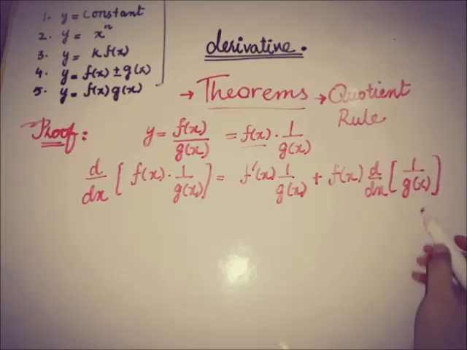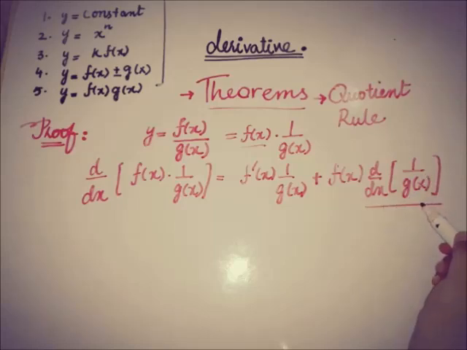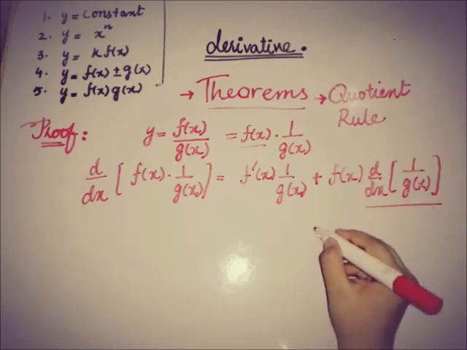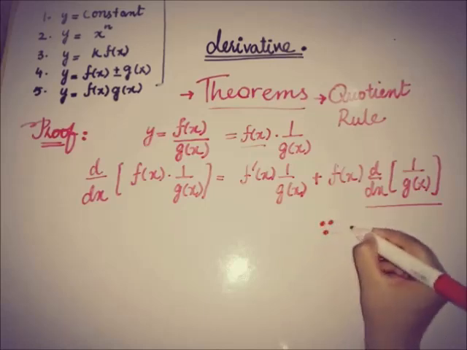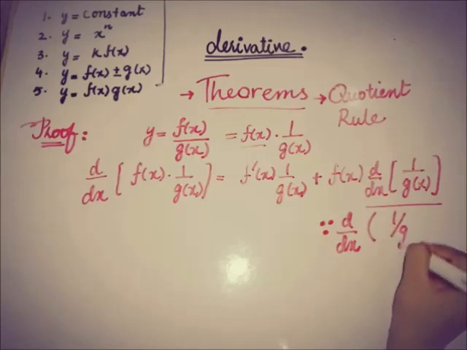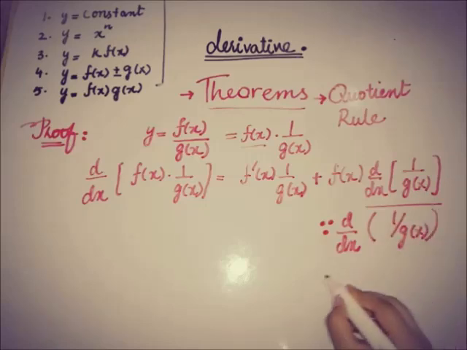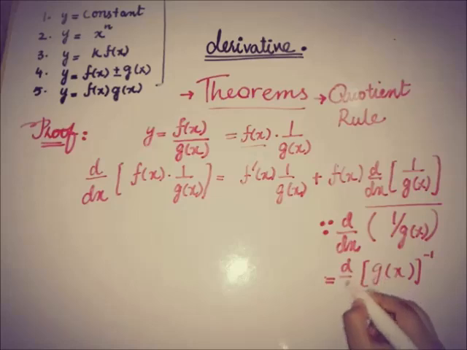Now d by dx of 1 over g of x, here we can use the power rule. How? If we only find the rate of change of 1 over g of x, we can write it as g of x to the power minus 1, d by dx.